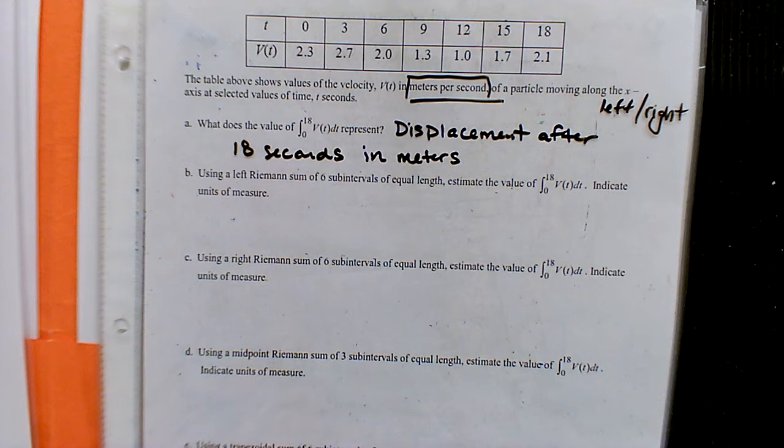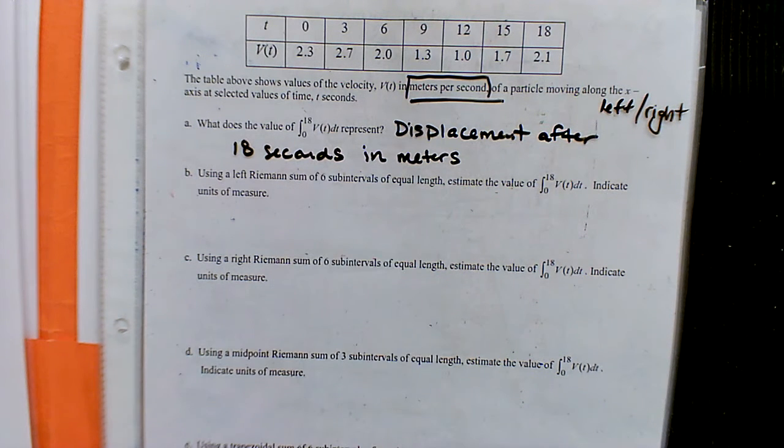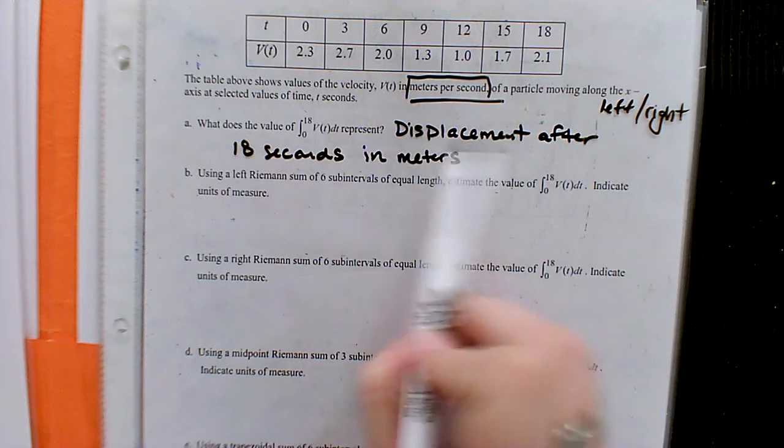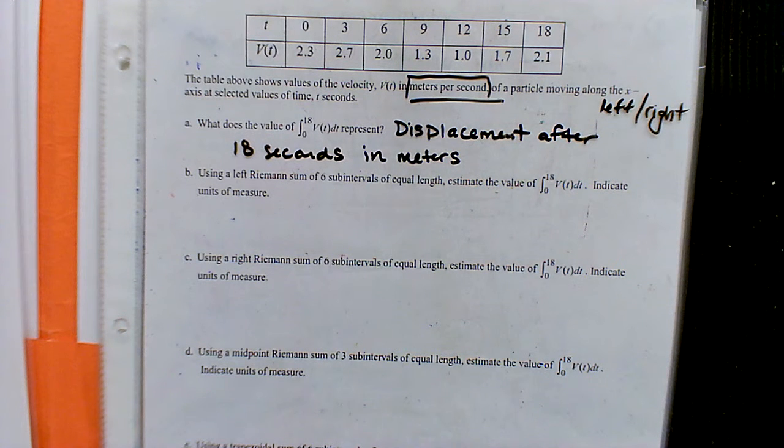Maybe it changes direction. What if we throw in the absolute values? Right, instead of writing displacement, it would be total distance after 18 seconds in meters. So one little change. Those absolute value bars change every negative value to positive, meaning any negative movement to the left is now becoming a positive value for you to just calculate the distance.